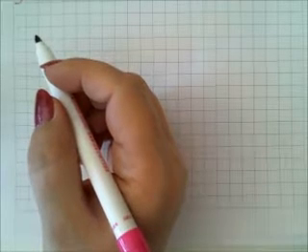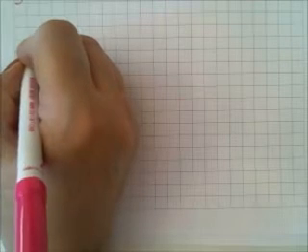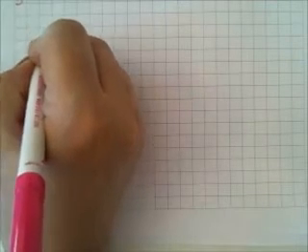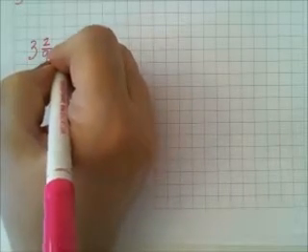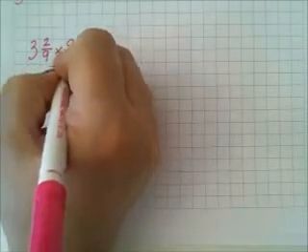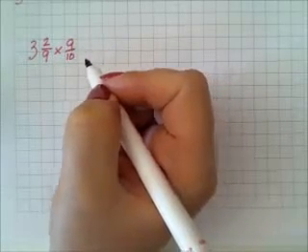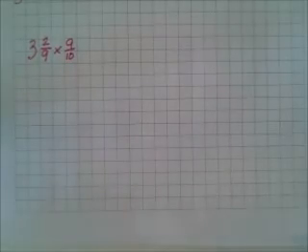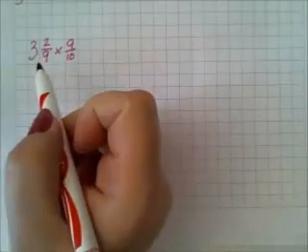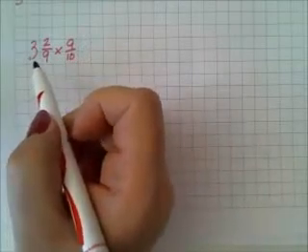But we're going to try one, okay? So if we had 3 2/9 times 9/10, the first step would be to change our mixed number into a fraction, or an improper fraction. Okay, so how do we change this into an improper fraction?